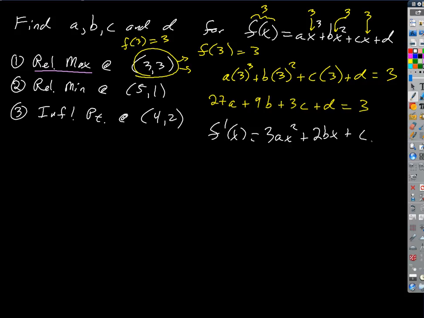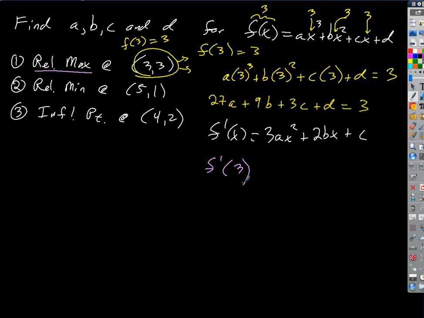But I know from this statement right here that that's a relative max. I know that f prime of 3, when I plug in 3, what's the result going to be? If I evaluate my derivative function at x equals 3, what's the value of the derivative? 0, right?